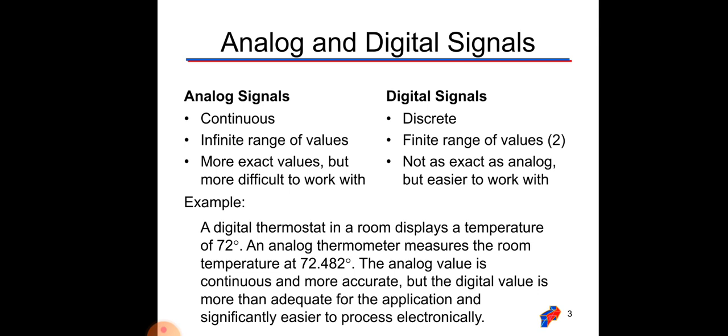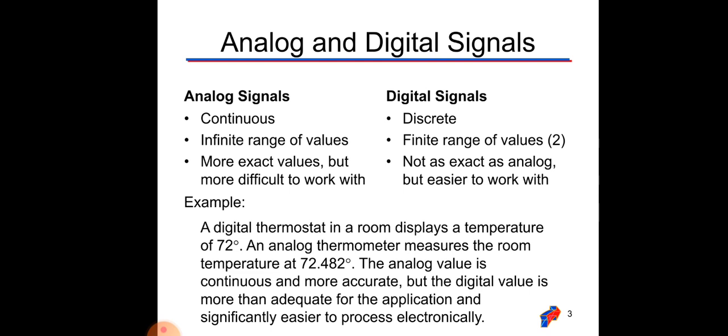So the analog signal has more exact values, but practically it is somewhat difficult to manage. The digital signal is not as exact as analog, but it is easier to work with.